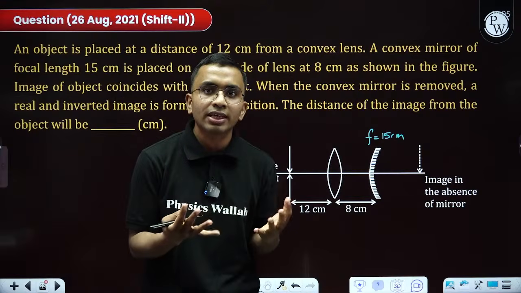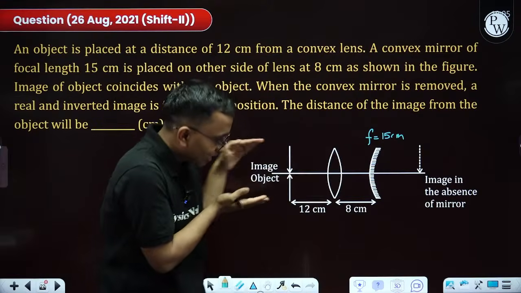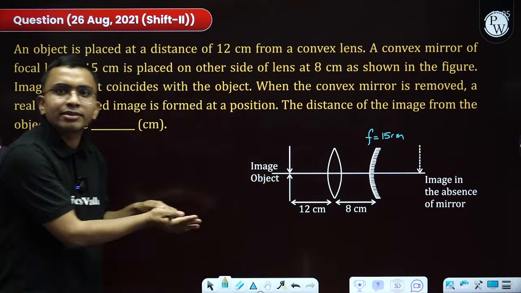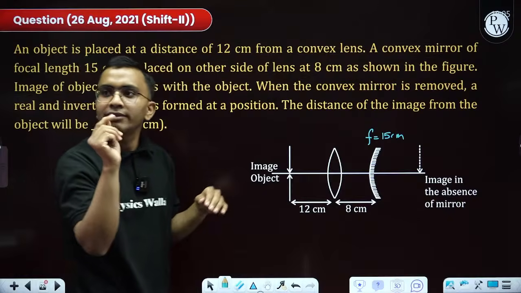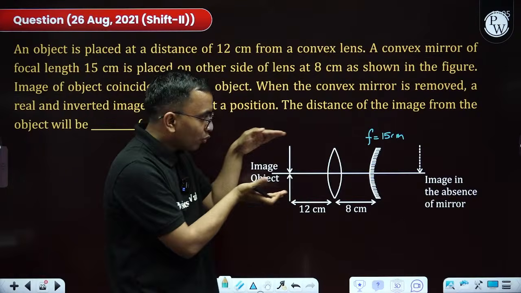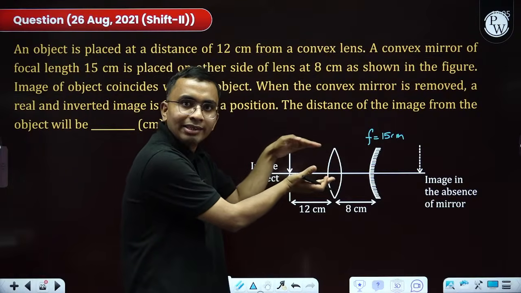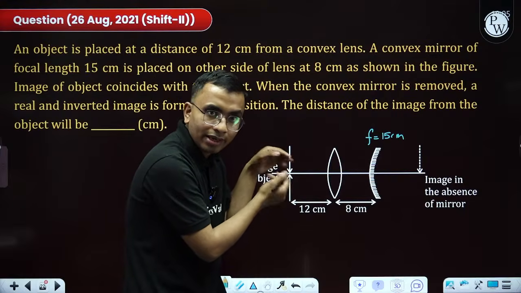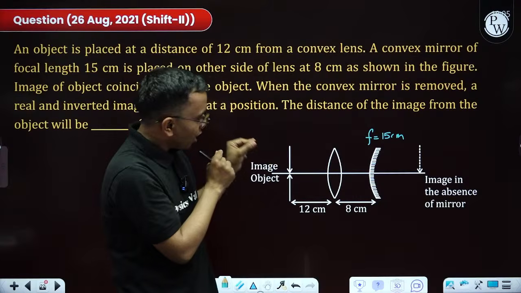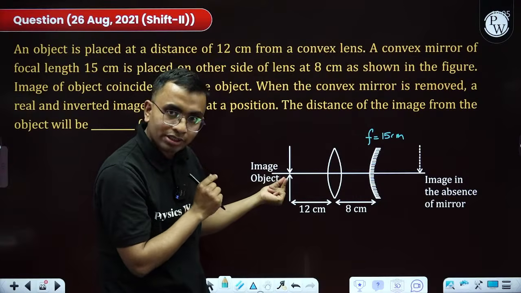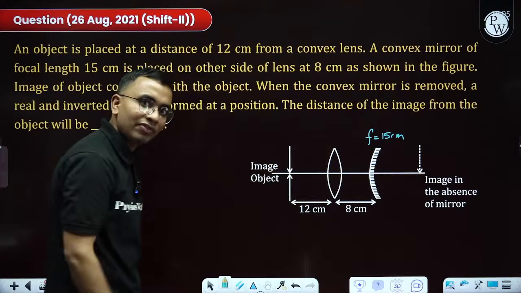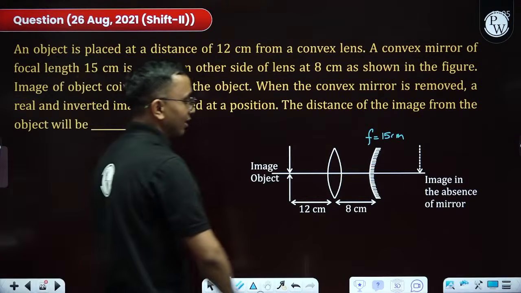Now the image of the object coincides with the object. When it happens, the rays which are going should exactly retrace their path. Try to understand this point. Again I am saying, for the image and object to coincide, the rays which are going should exactly retrace their path. If that is happening, it will coincide.